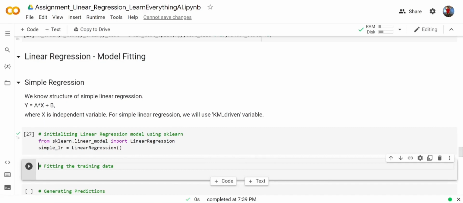Yeah, so the initialization part is done, and now we have to fit the training data into it. So the syntax for this is we have to use the simple_lr variable and call the dot fit command on it. Then we have to specify the training variable, the kilometers driven variable inside it, and then the other training variable, y_train.